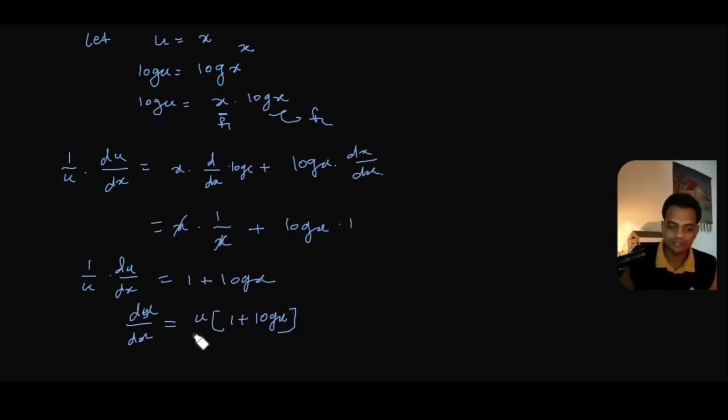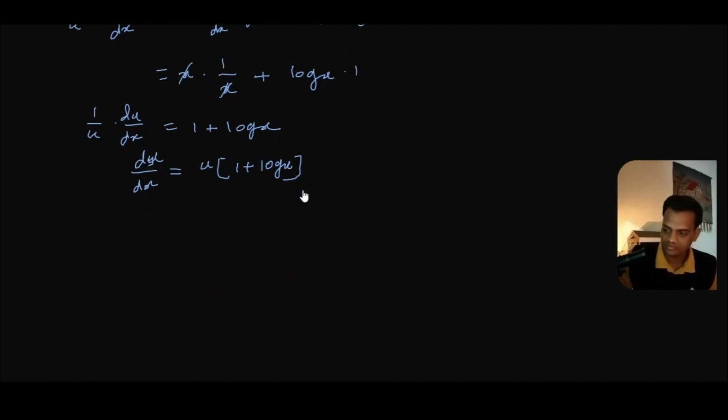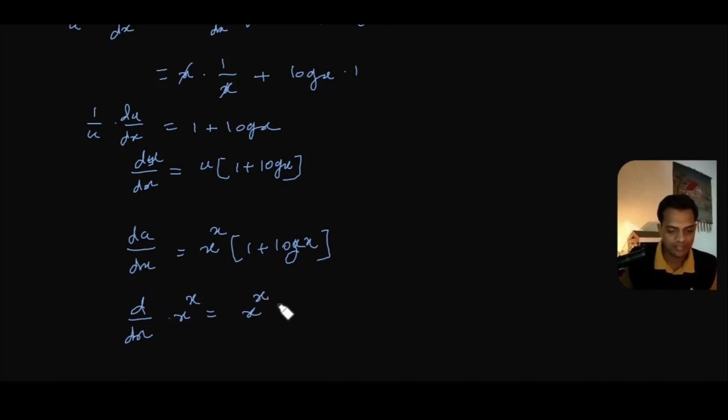But what is u? u in this expression is x raised to x. So du by dx is equal to x raised to x into 1 plus log of x. So the derivative of x raised to x is equal to x raised to x into 1 plus log of x.